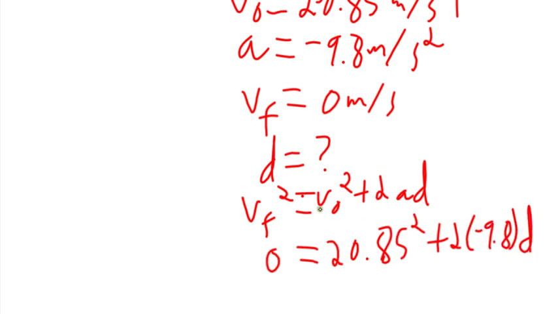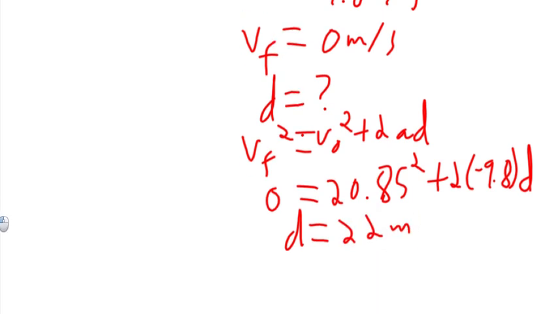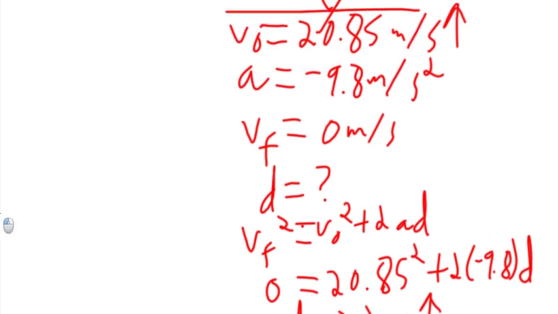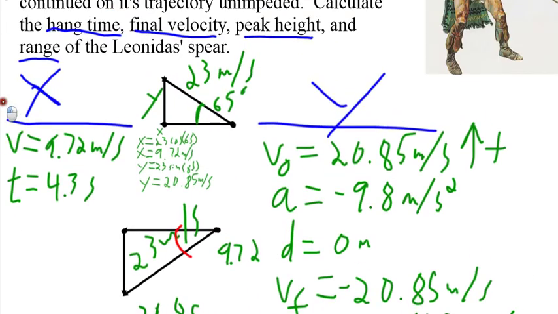And remember, we have to be careful of our directions with our acceleration here. So when you work this out, you should get a peak height displacement of 22 meters. Check your work to make sure you're able to get the same answer. And this is going to be 22 meters up. That's going to be the y displacement for the peak height.